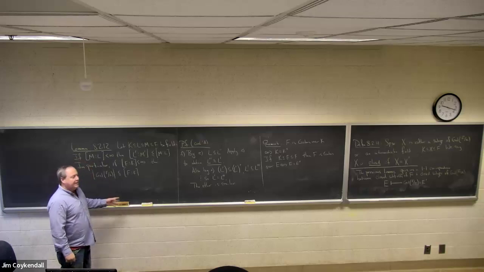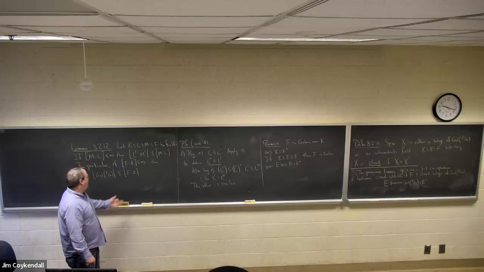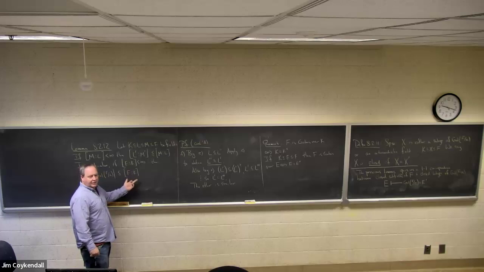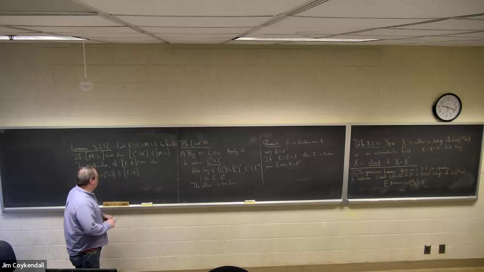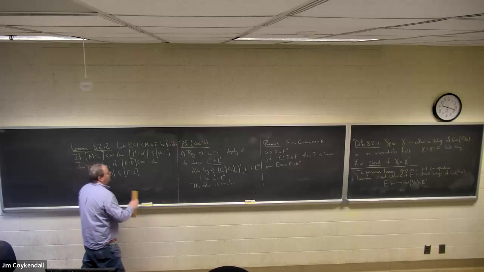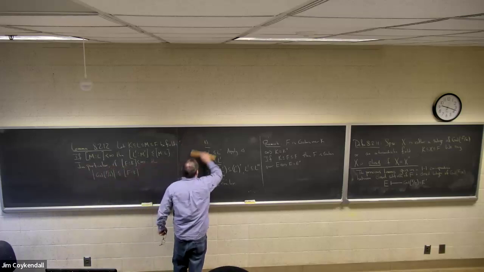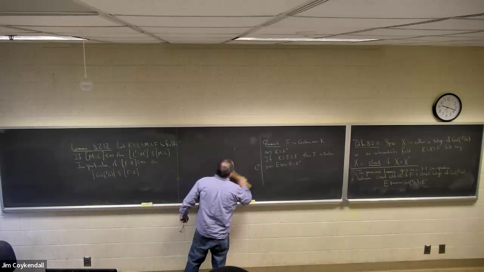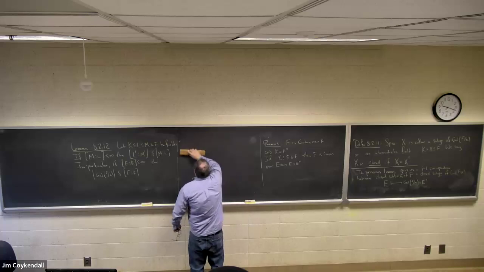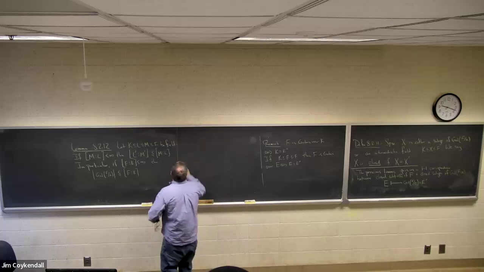So what will follow from this is if you have an extension of degree 100, then the Galois group has to be a group of order 100 or less. In fact, we'll find out later that this is in fact an equality.